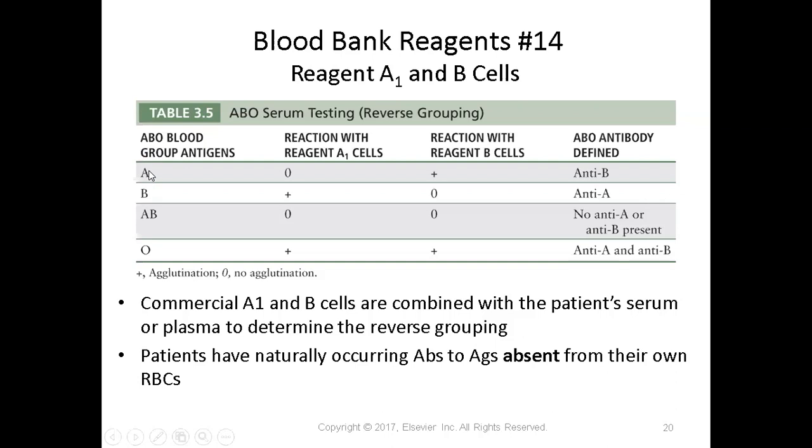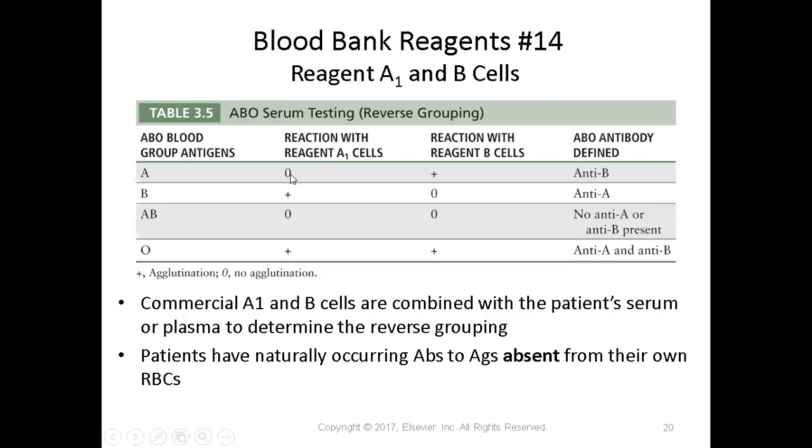So here we have type A. This person has A antigen. So we're going to reverse our thinking. What antibodies would a person who is type A have? They would not have an anti-A.